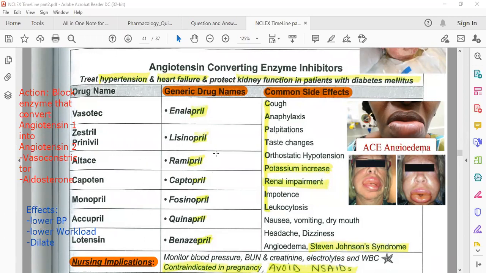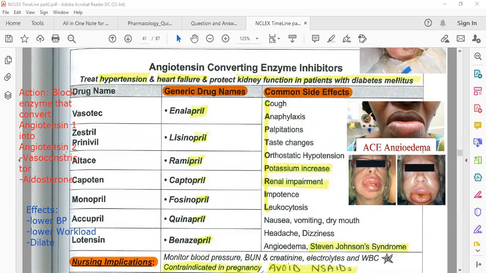How do these groups of drugs work? The mechanism of action: the angiotensin converting enzyme inhibitor blocks the enzyme that converts angiotensin 1 into angiotensin 2.